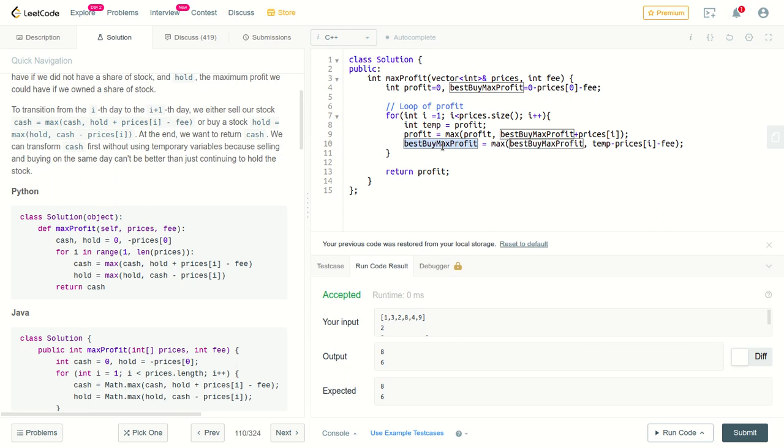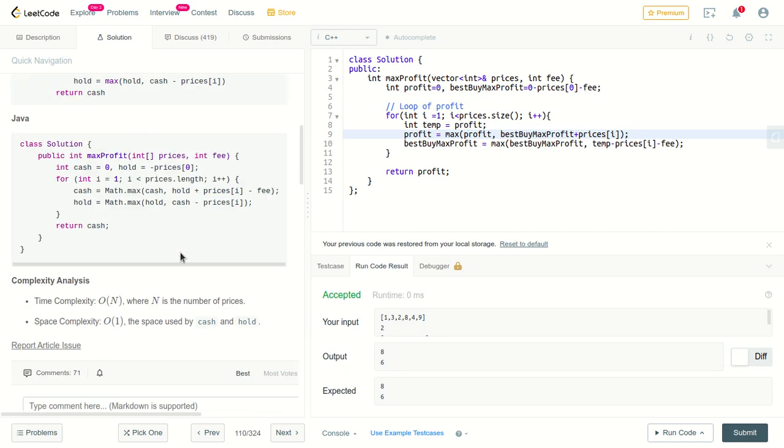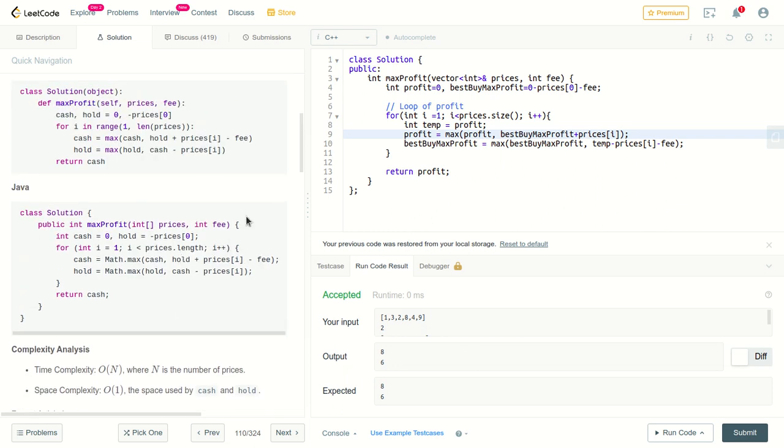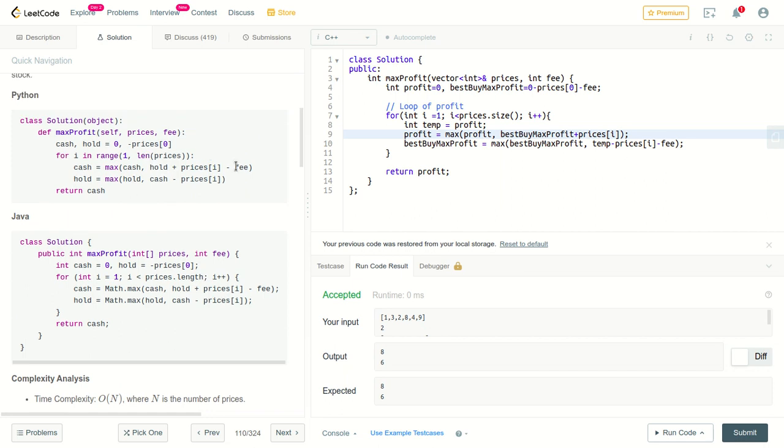Okay, hold plus prices. See, whoever has written this solution, he is considering the fees at the time of selling.